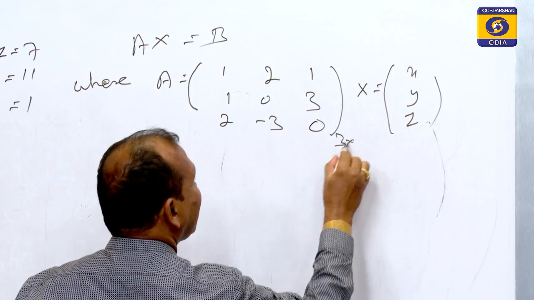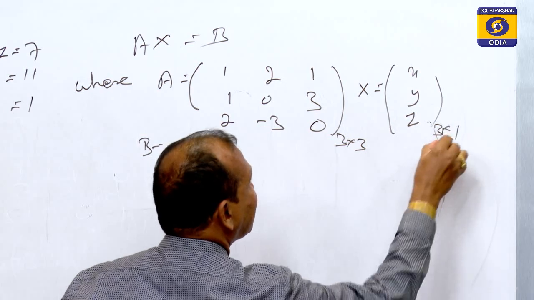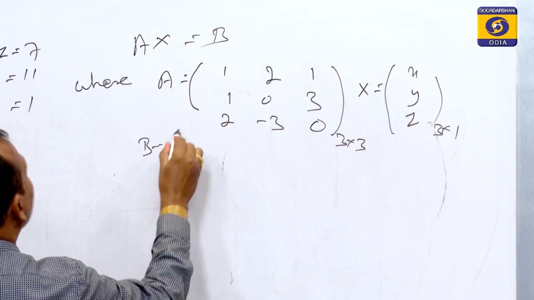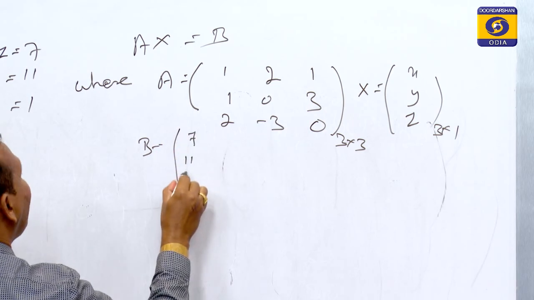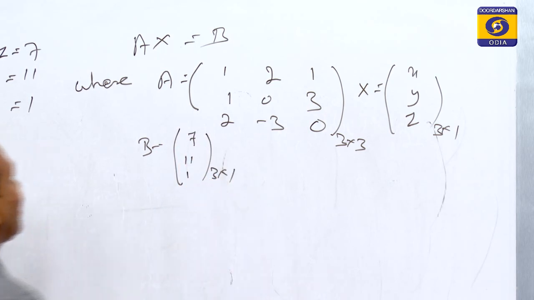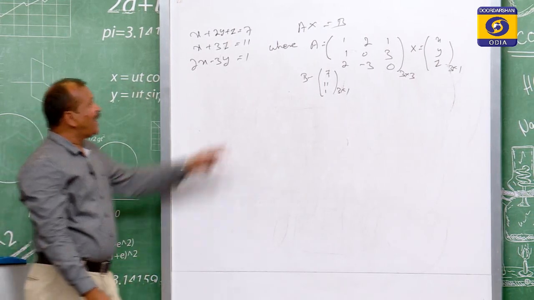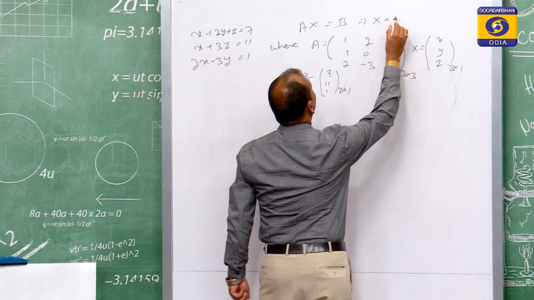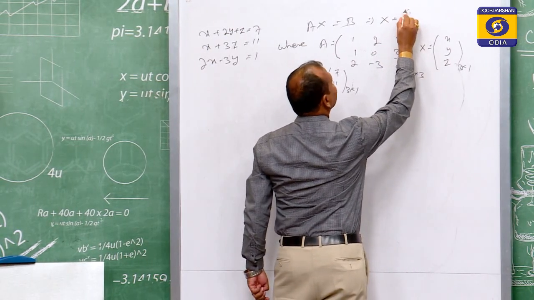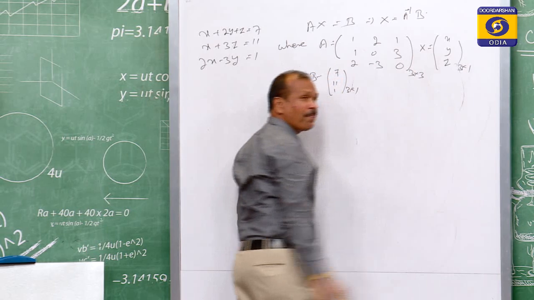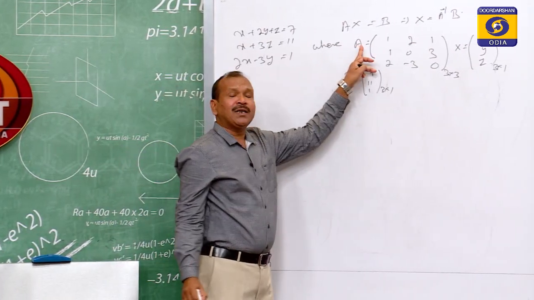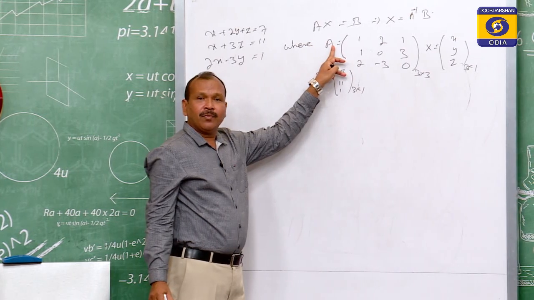This is a 3 cross 3 matrix, and this is a 3 cross 1 matrix. Then AX is equal to B implies that X is equal to A inverse B. First we have to find the inverse of the A matrix.